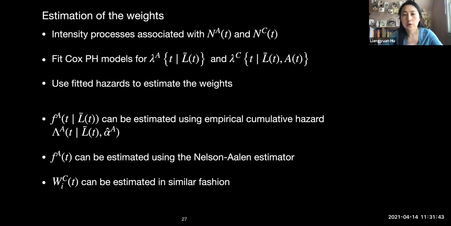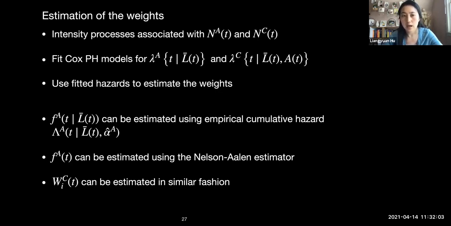And then we know how to weight, we know what the true weights should be, but now we need to estimate the weights. So a convenient way to estimate weights is by modeling the intensity processes associated with the 2 counting processes for treatment initiation and censoring.